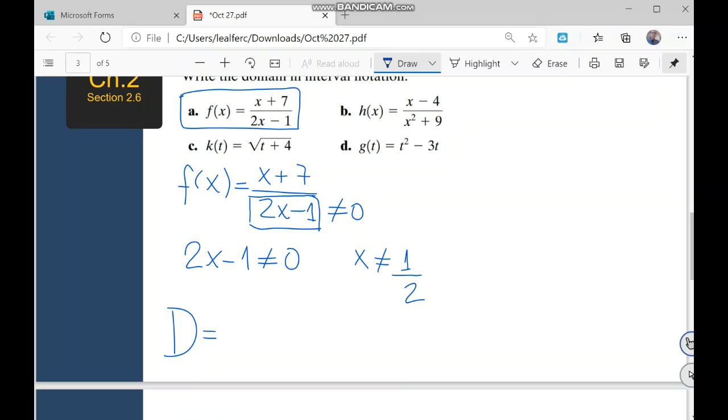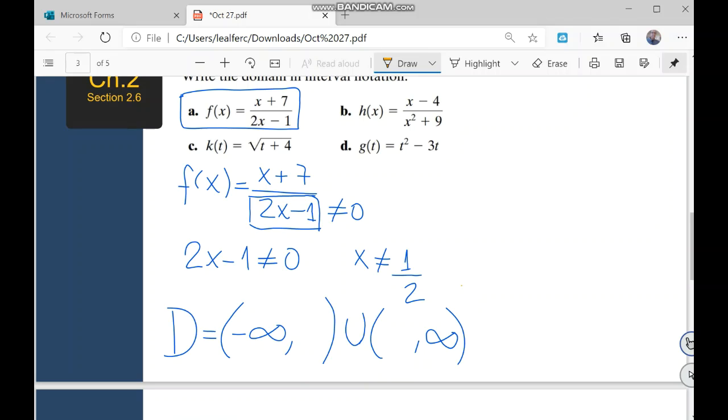The domain equals negative infinity, blank, united with blank, infinity. This is the template, this is how you're going to answer this kind of question.